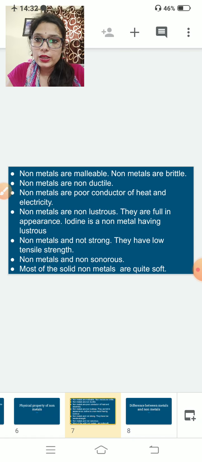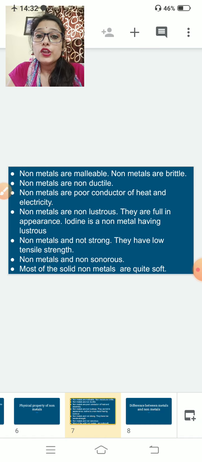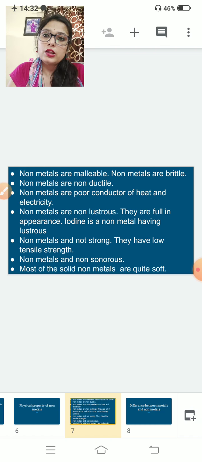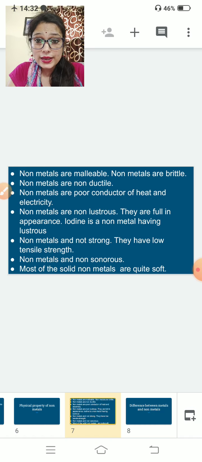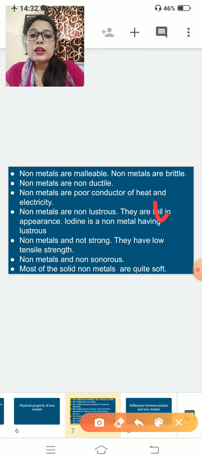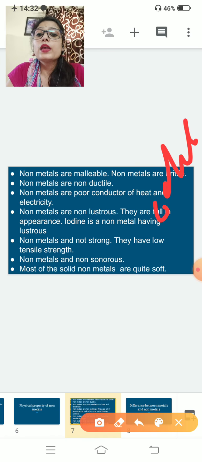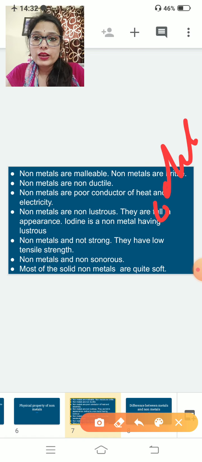Now, I am reading once more. Non-metals are non-malleable. Non-metals are brittle. Non-metals are non-ductile. Non-metals are poor conductors of heat and electricity. Non-metals are non-lustrous. They are dull in appearance. Iodine is a non-metal that is lustrous.